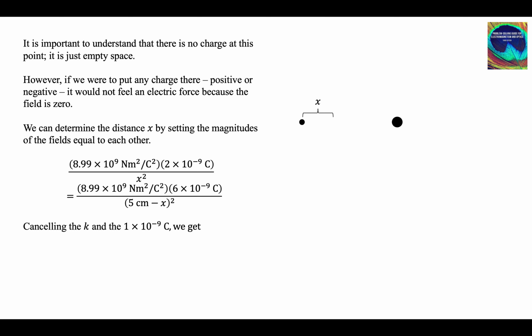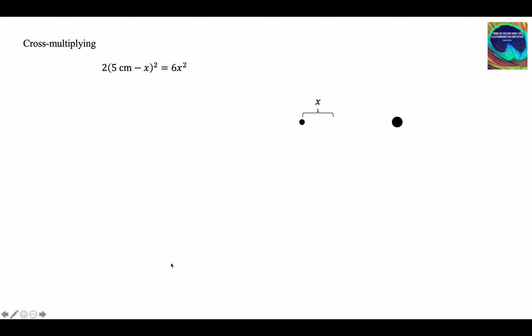We cancel the k's, get rid of the nanocoulombs, and we get this. We can cross multiply. And instead of FOILing this out, we can take the square root of both sides. The square root of 2, and then we only have 5 minus x. And the square root of 6x squared is the square root of 6 times x.